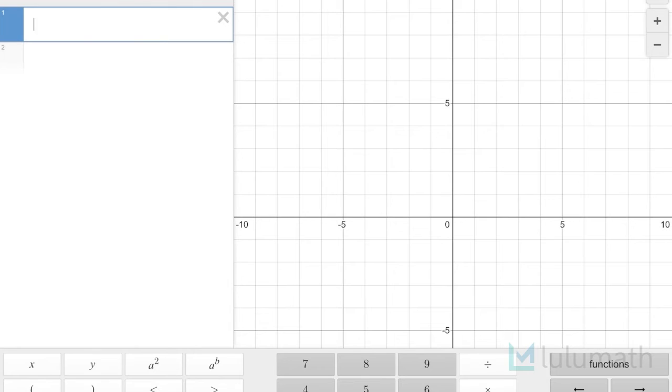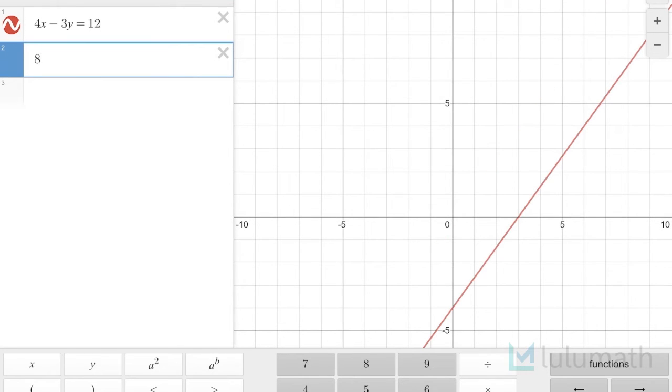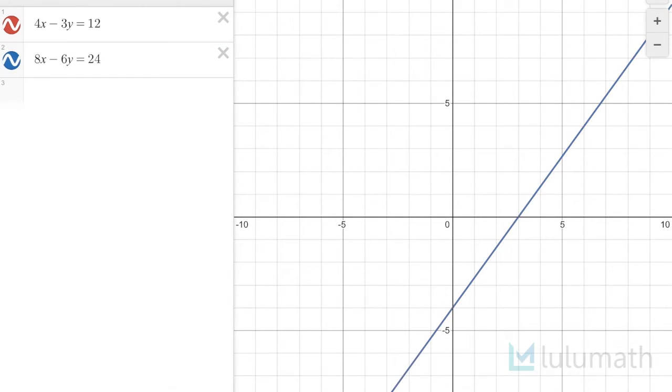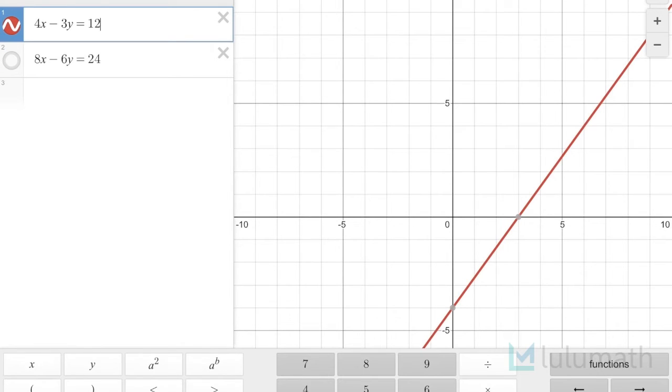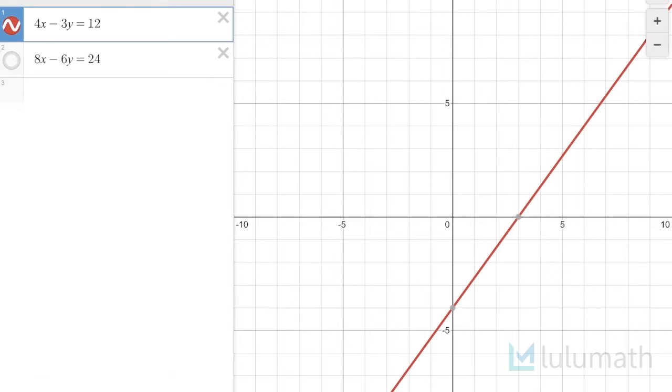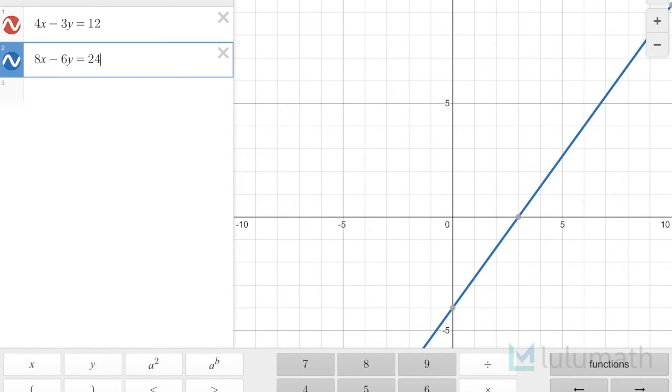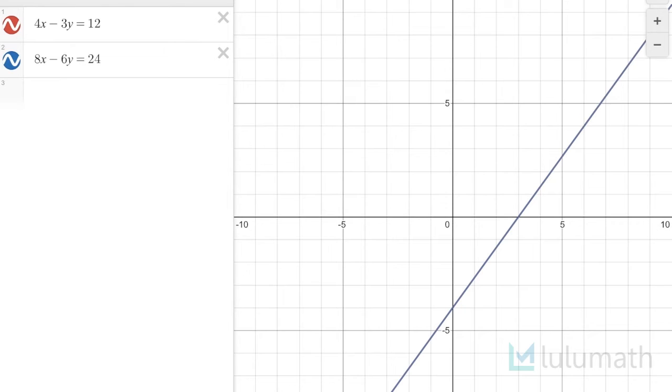Our first equation is 4x minus 3y equals 12, and our second equation is 8x minus 6y equals 24. If you notice, my red equation is this first one up here, and it's graphed out as shown. Once I turn on the blue equation and click on it, the blue equation is exactly on top of my red equation.